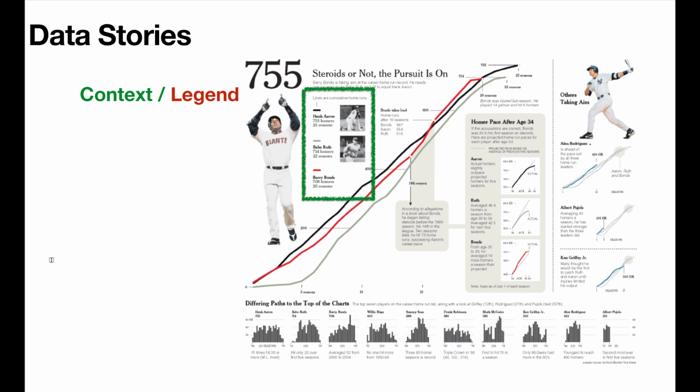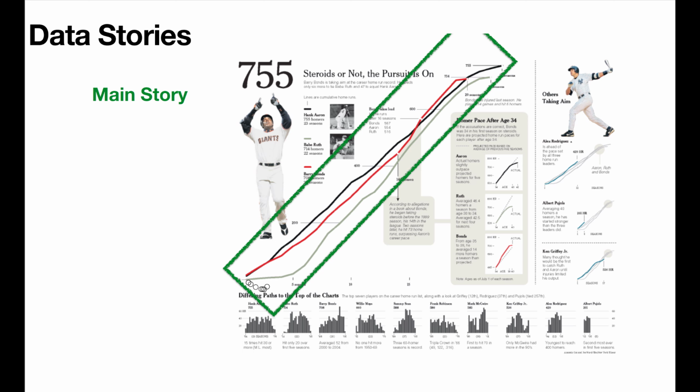The main part of the story here is the graph showing the cumulative number of home runs for each of these three players over their careers as a function of what season they were in. So here's the first 5 seasons, first 10, first 15, and then here we are out to 20 seasons.